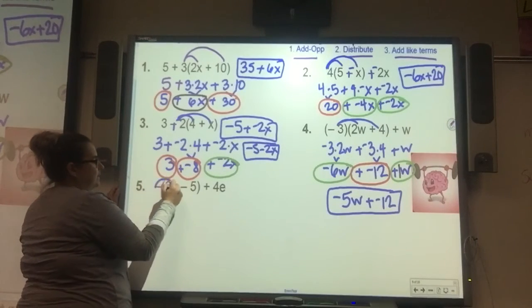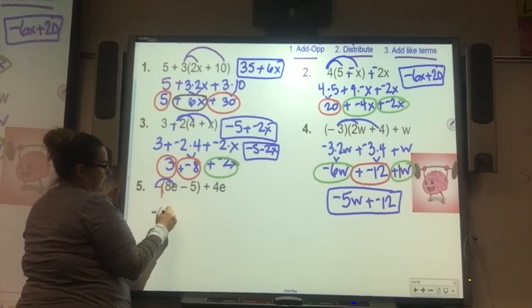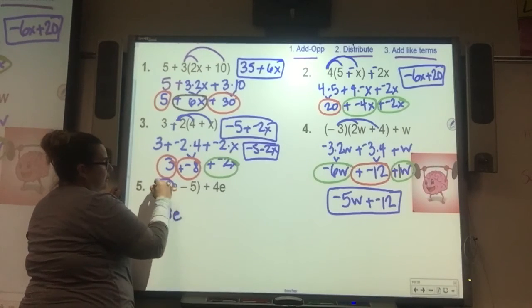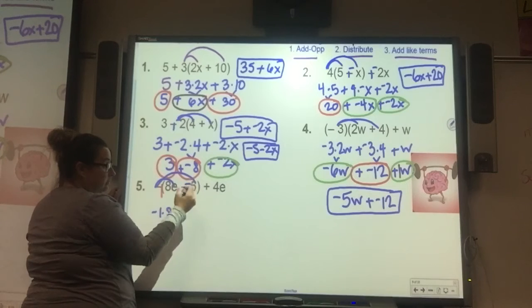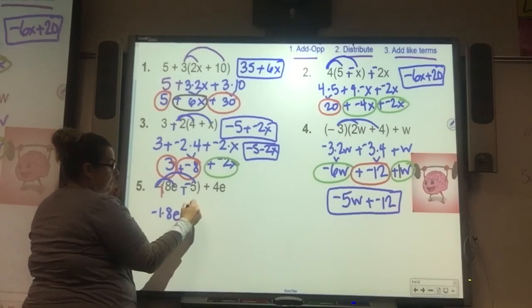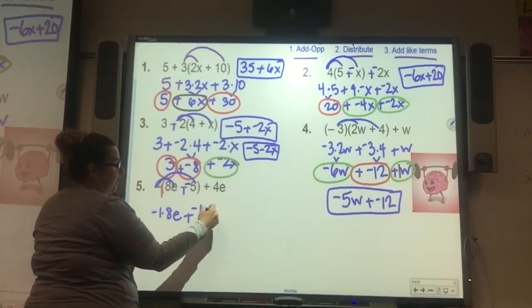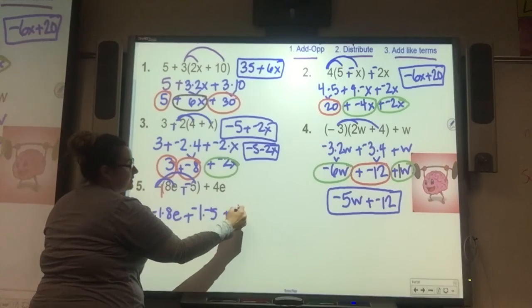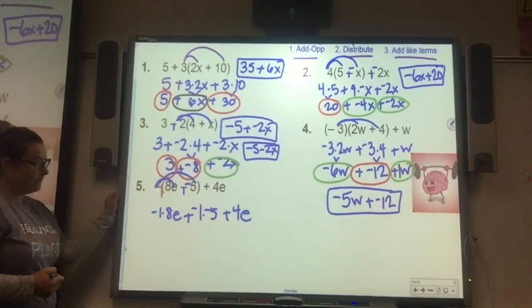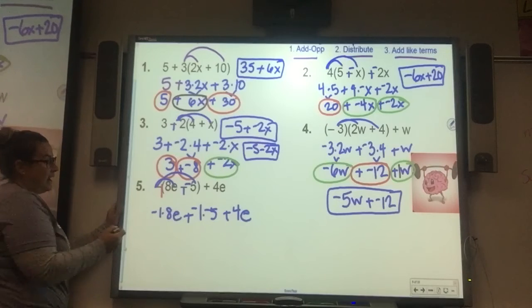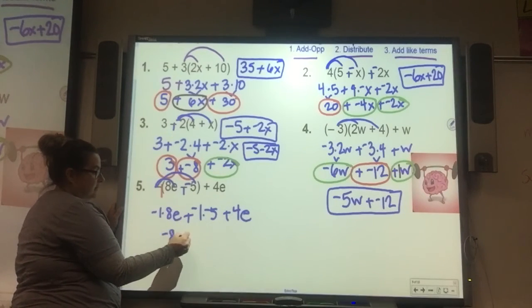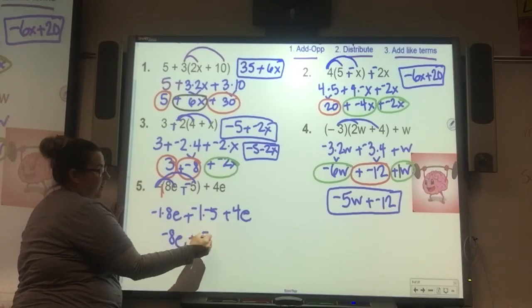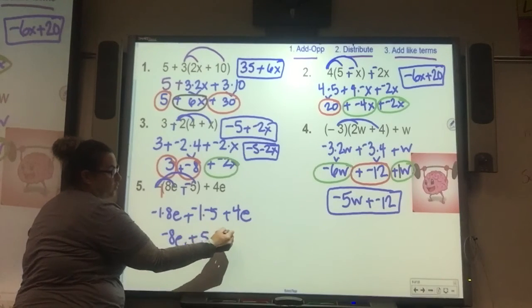So negative 1 times 8e, and if you want to add up, you can, plus negative 1 times negative 5 plus 4e. Negative 1 times 8e is negative 8e plus 5 plus 4e.